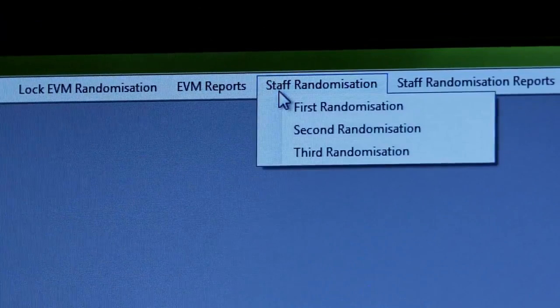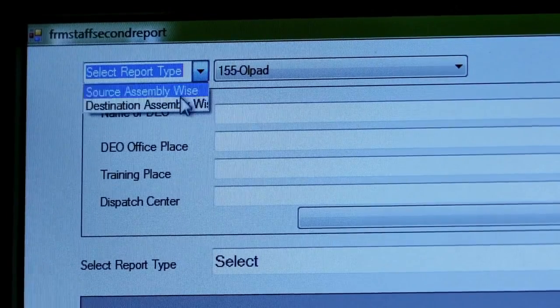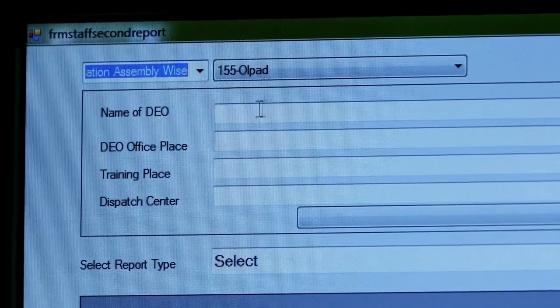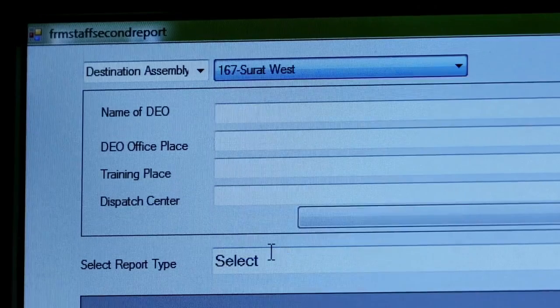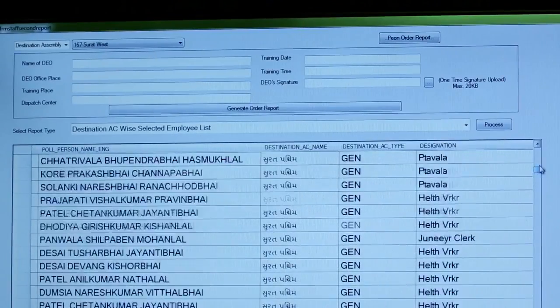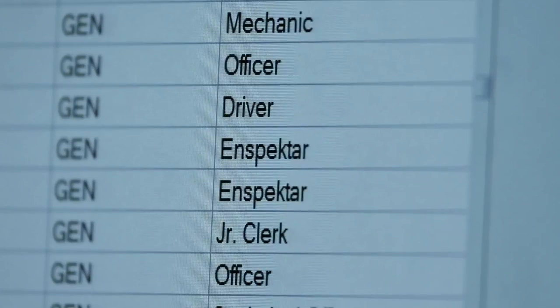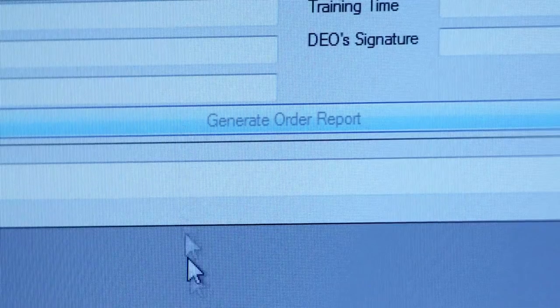Polling parties are formed at the second stage of randomization, which happens 6 or 7 days before the polls. The AC gets revealed at this stage, but the actual polling station or PS is still not known. This stage requires the presence of observers.